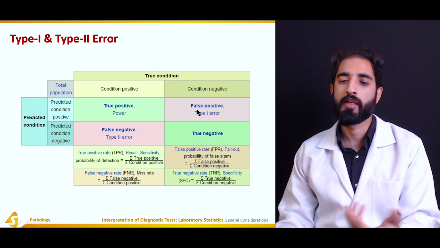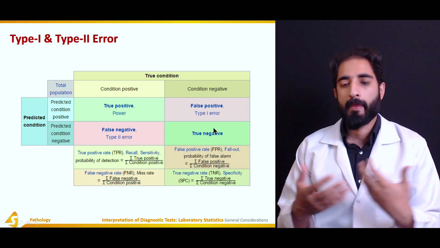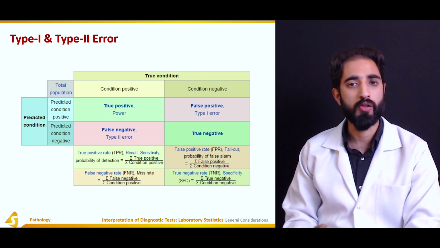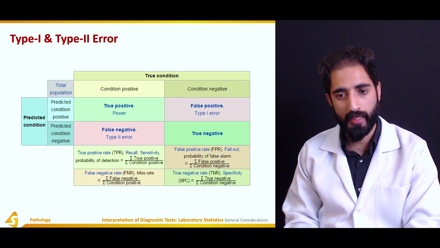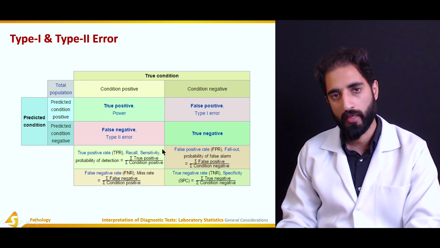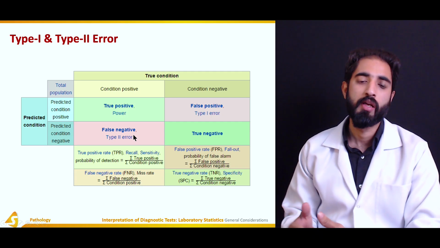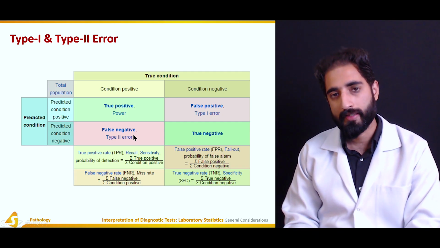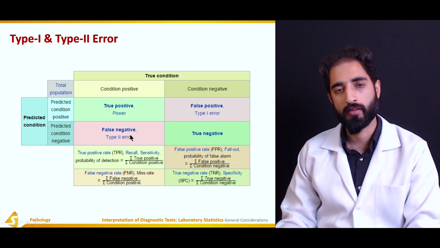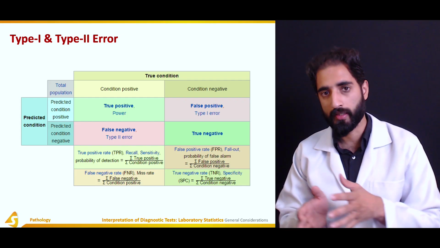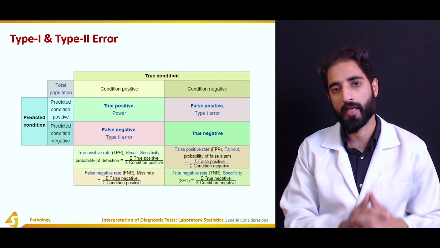And on the other hand, if a person did not have the disease and the test also identified that person as negative, that would be a true negative. But it is also possible that a person has the disease and the test result identifies him as negative, which means the test failed to identify him as having the disease.